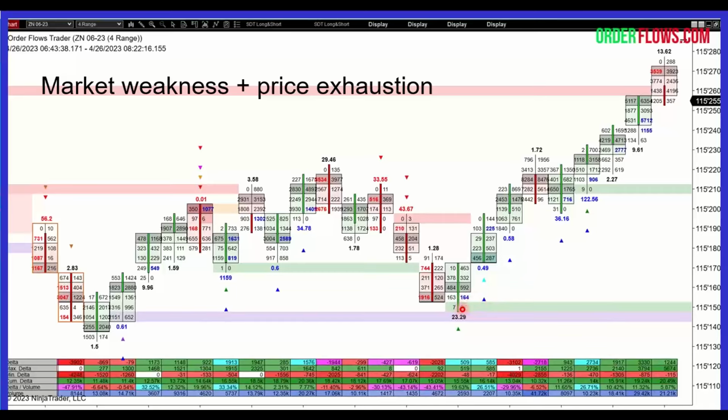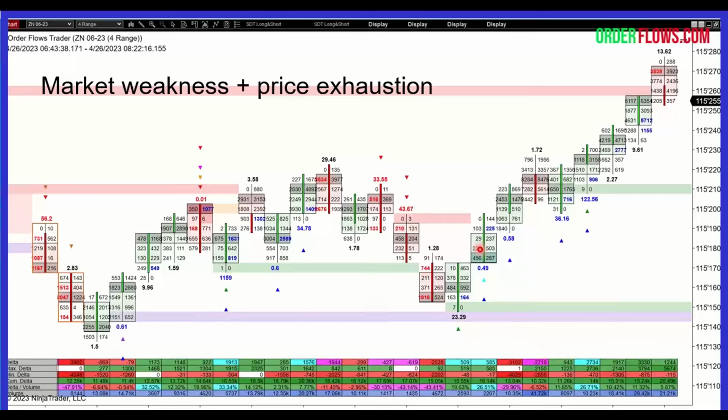So if the market is tired as you're going down into an area of weakness, that's your cue, right? Back up the truck, get long. And where do you place your stop? Just behind the area of weakness or price exhaustion, right? You don't need to have such a wild, far off stop based on some arbitrary monetary level. It's just right here, right?